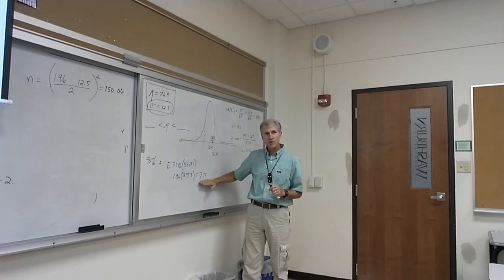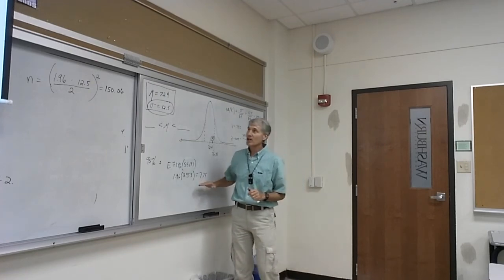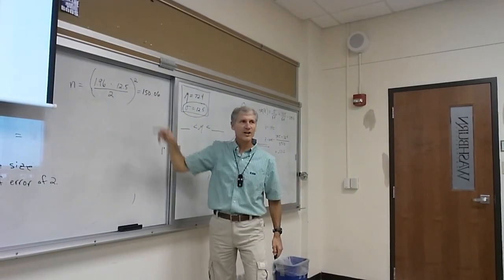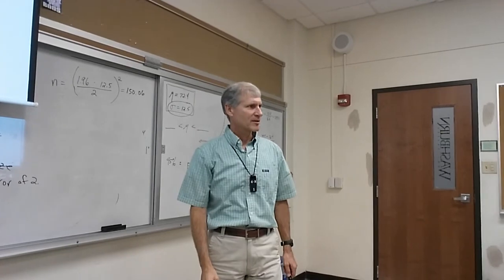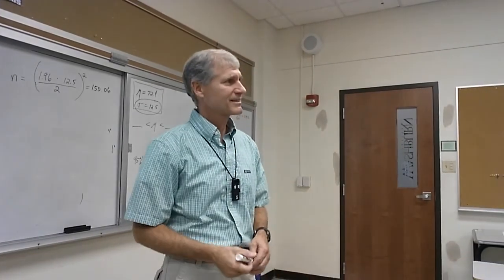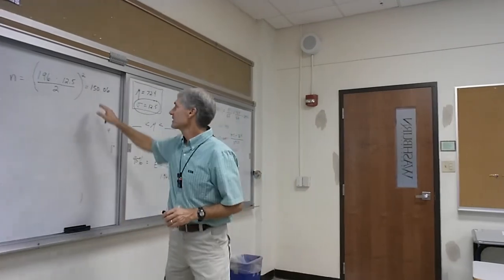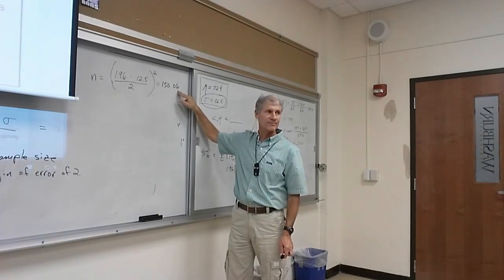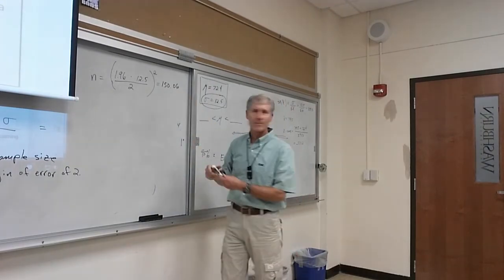If I want to shrink that all the way to 2, that's a lot smaller, so I'm going to need a lot more subjects. Now, I can find 150 people fairly easily. But this 0.06 guy, where am I going to get that guy? What this says is you need slightly more than 150 people. So you need 151 people.